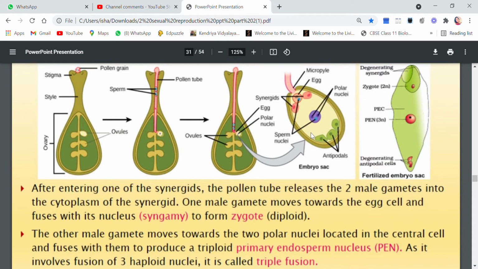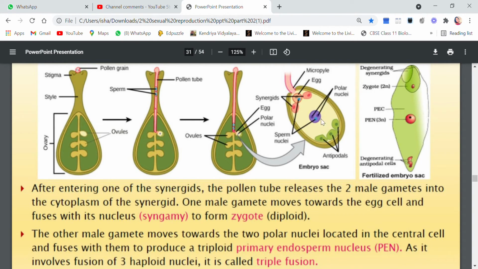and fuses with them to produce a triploid. Because two were already there and one has also come and added up here, they have become the triploid primary endosperm nucleus. This is called primary endosperm nucleus or PEN, as it involves the fusion of three haploid nuclei.